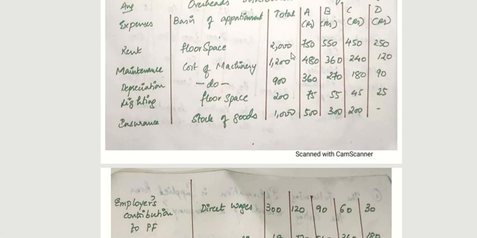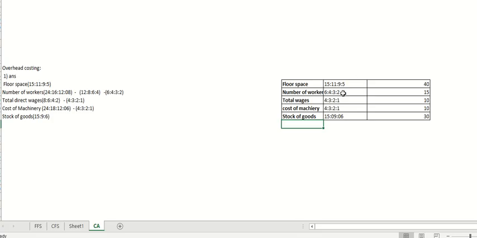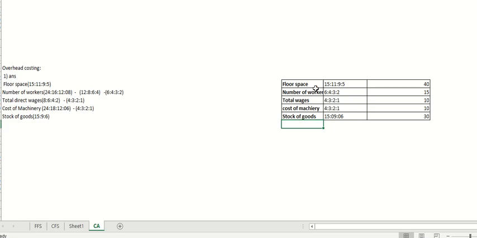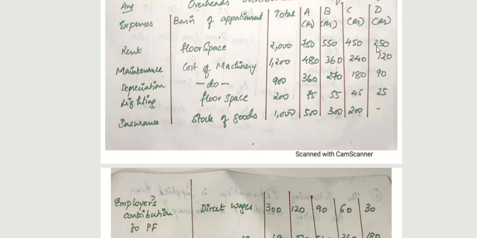So 2000 into 15 divided by, what is your total? 40. So 15 divided by 40 is 750. 2000 into 11 divided by 40 is 550. 2000 into 9 divided by 40 is 450. 2000 into 5 divided by 40 is 250.